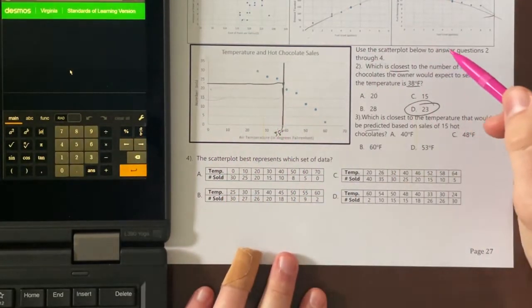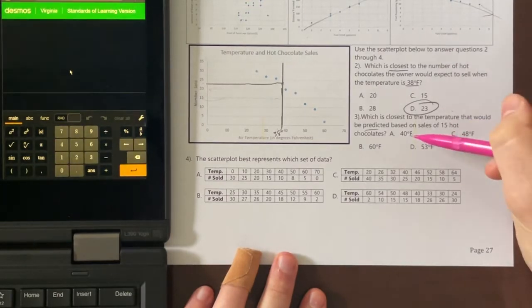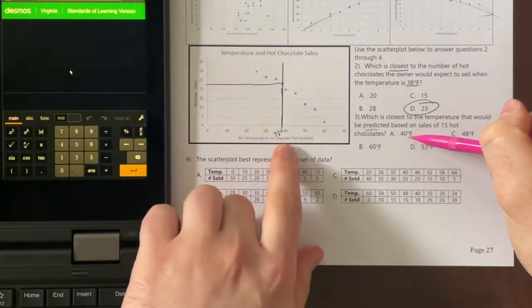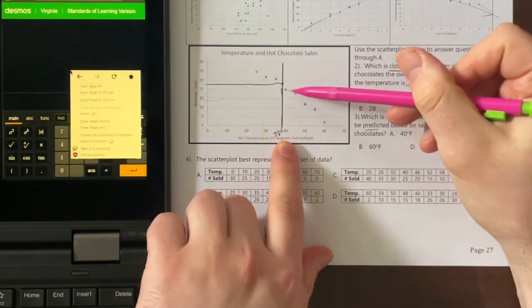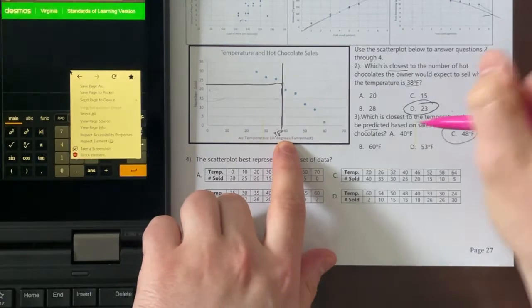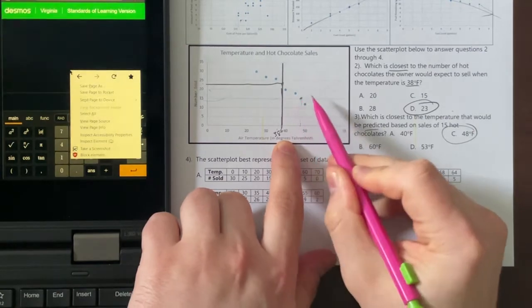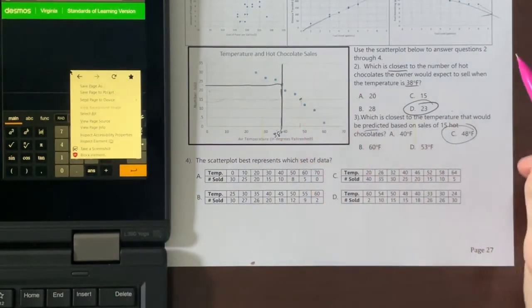And so what would be the closest temperature? Would it be 40 degrees? Probably not. What about 48 degrees? Well, let's see. That's going to be about right there at 48, which actually seems about right. It'd be about 15 hot chocolates.